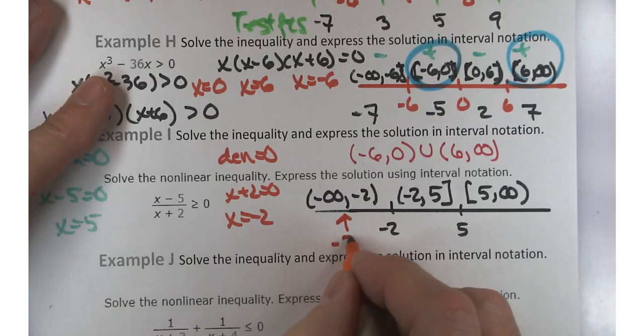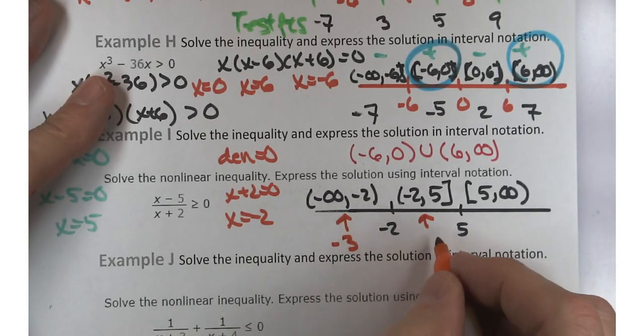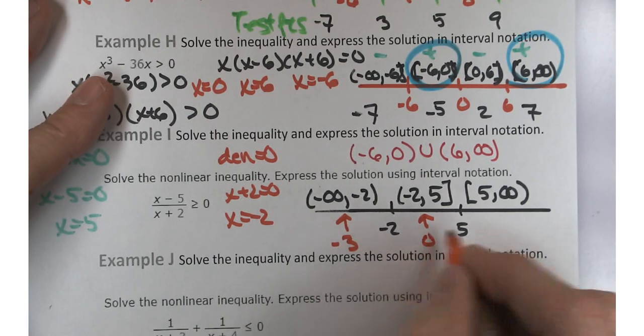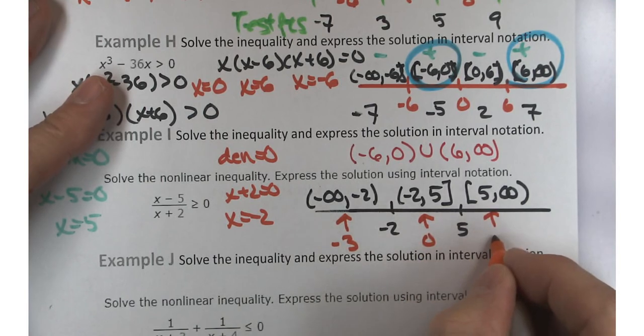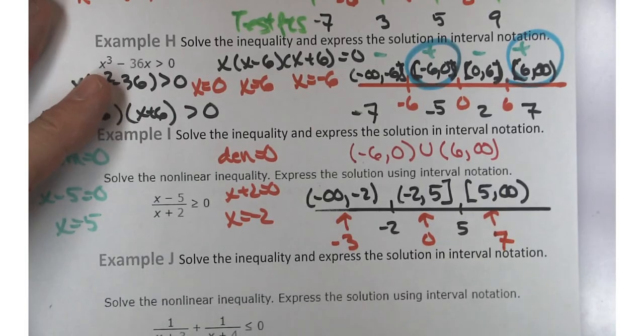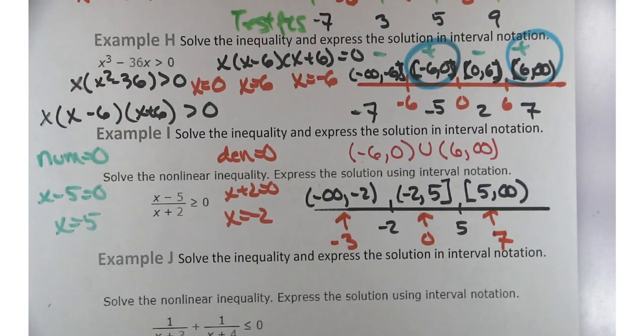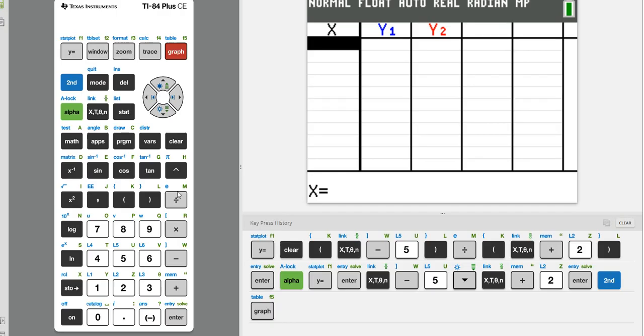Okay. Good. Want to finish them out? What would be some more? Then 0, and then 7. Okay. Perfect. So let's use those test points, or you can choose other test points if you would like. So negative 3, 0, and 7.